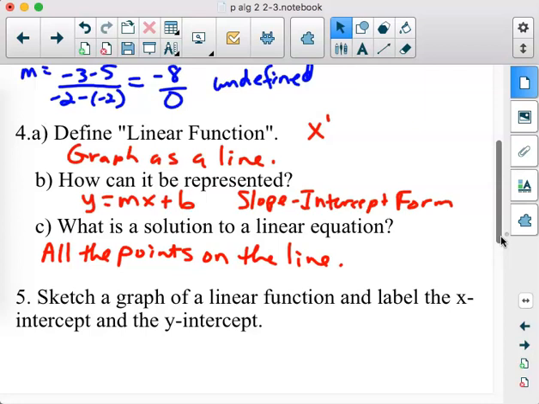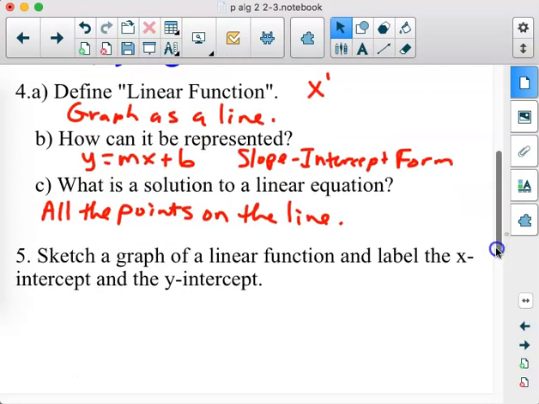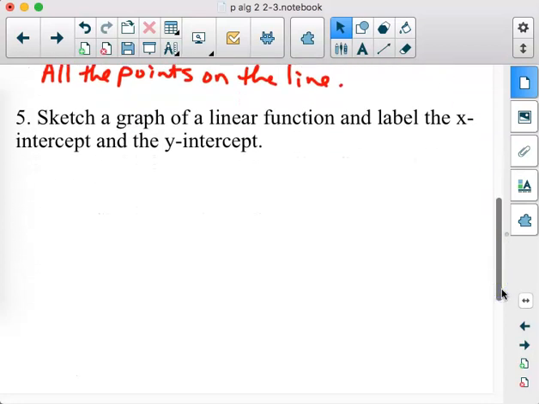Now, we really like a process called quick graphing. There's two ways that we have to do really quick line graphs. One is y equals mx plus b, slope-intercept. And the other one is by using what's called standard form. And standard form deals with these two things. So we're going to sketch a graph of a linear function, a line, and we're going to label the x-intercept and the y-intercept.